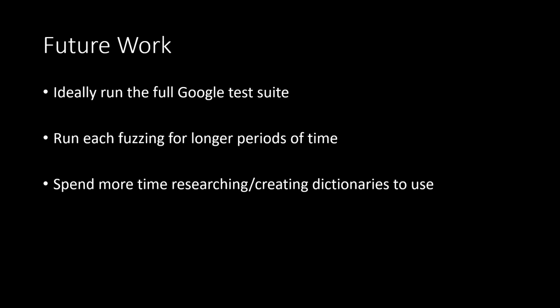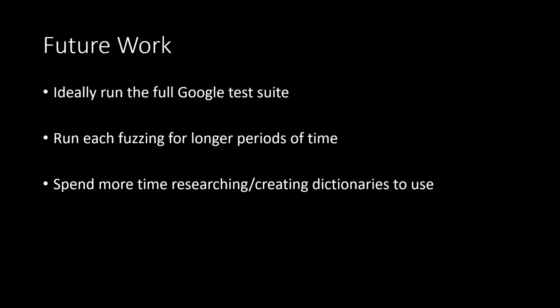And also, by the same token, running each program through the fuzzer for longer periods of time. We've seen in literature that they run it for hours, sometimes days at a time. And so perhaps doing that would yield either more extreme results in favor of our hypothesis or perhaps level things out, depending. And then lastly, of course, spend more time creating dictionaries.